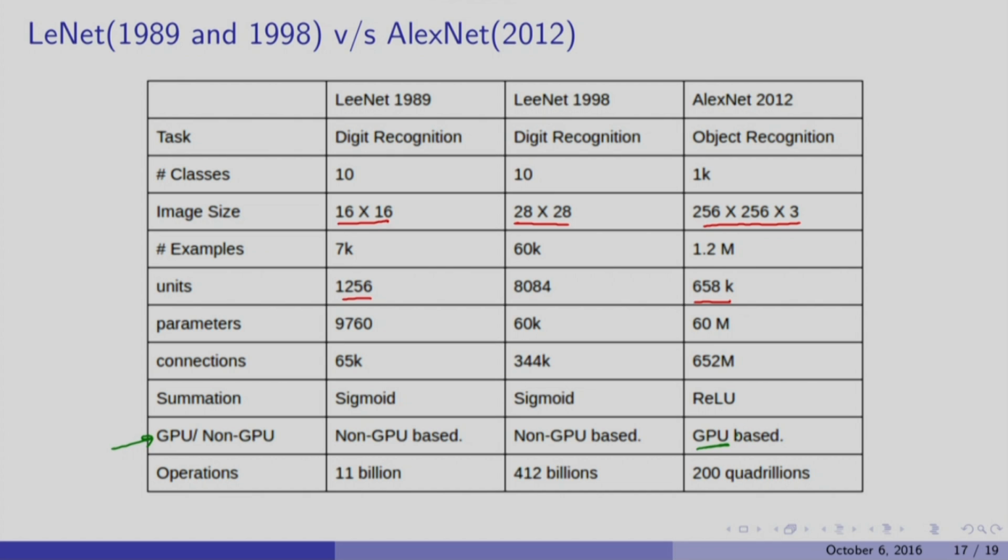There are of course several other reasons for this advance. Some of them include better architecture design. For example, several modern neural network architectures do parameter sharing, and we will see an example of parameter sharing in convolutional neural networks.